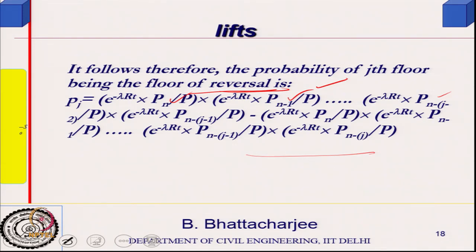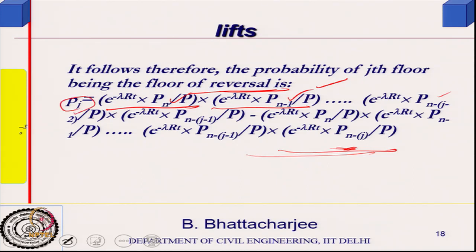So, this was the probability of not finding a person going to the nth floor, this is the probability of not finding a person in the n minus 1th floor, and so on up to the topmost floor, next topmost floor, and one floor above the jth floor.